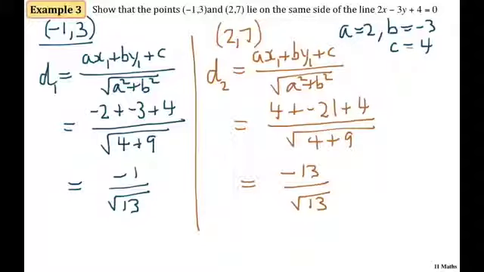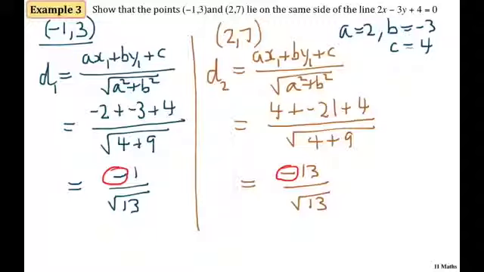Now the trick is to actually figure out why I bothered not putting the absolute value signs on. Because I didn't put the absolute value signs on, you'll notice that for distance 1 I got a negative answer, and for distance 2 I got a negative answer.